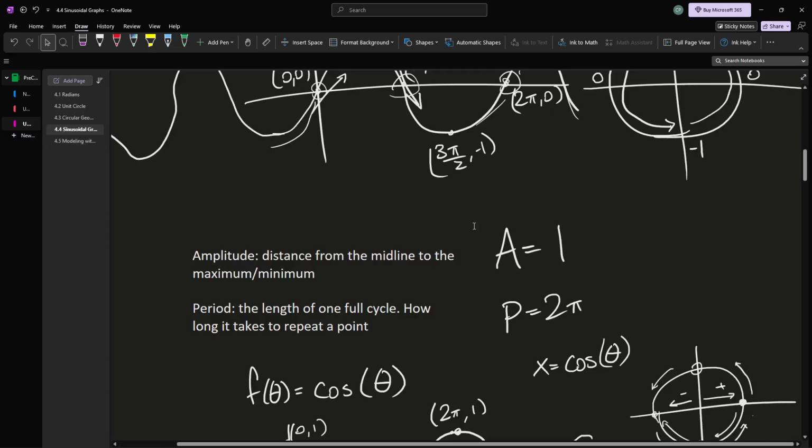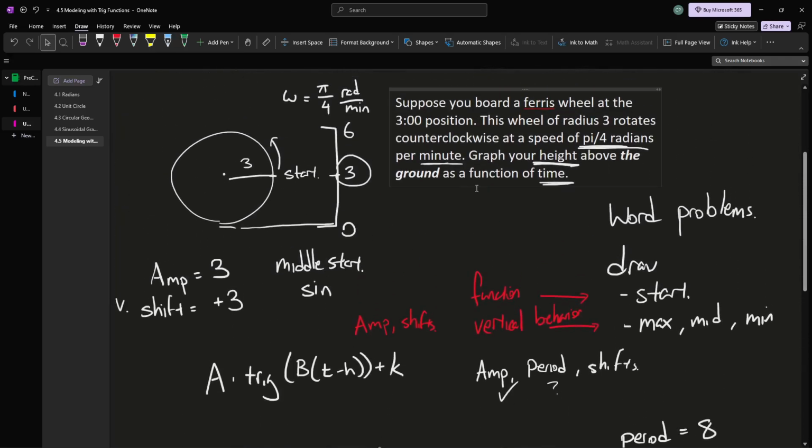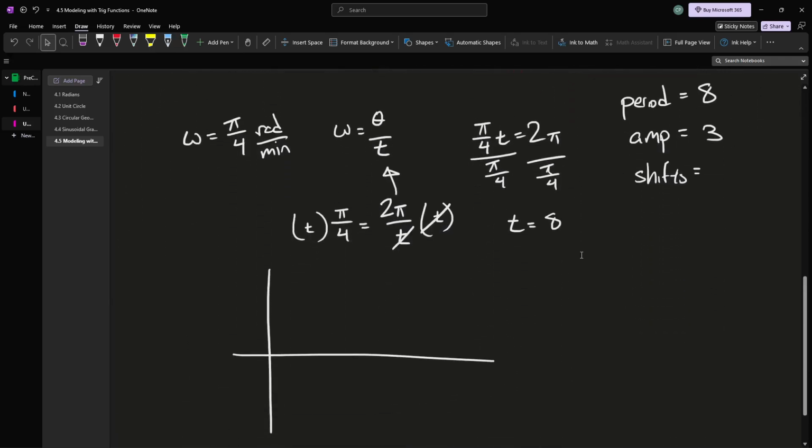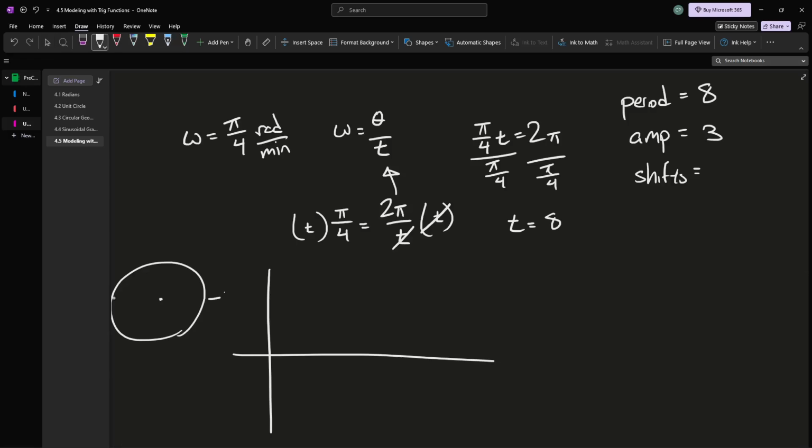Because when we graph this, graphing is kind of a balance between how much information I write down and how much I just want to graph and see the information I can get from my graph. So I'm going to graph this height. Once again, I'm going to draw this little circle, first wheel. I'm starting here at 3.